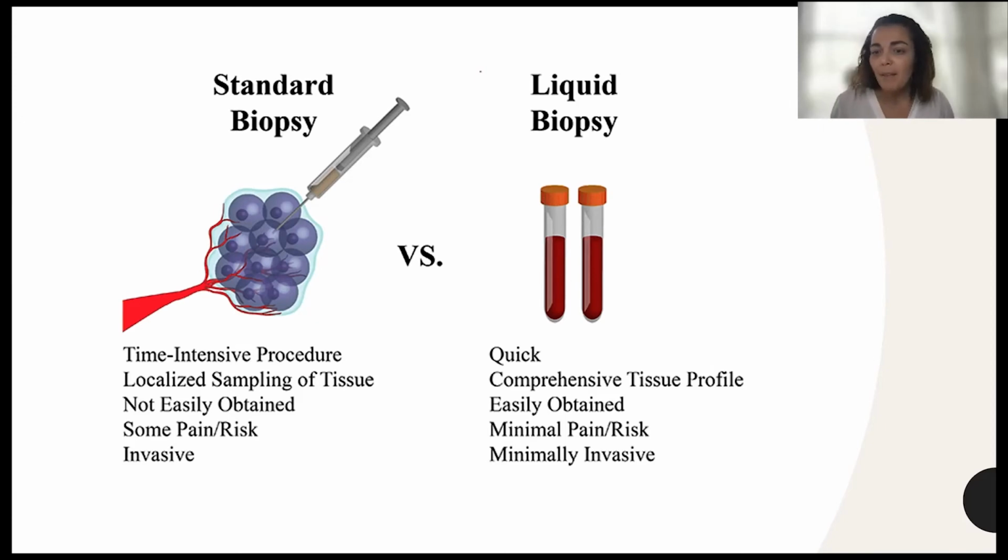But since the genetic landscape of tumors is spatially heterogeneous and temporally dynamic, the traditional method of tumor sampling by tissue biopsy has several limitations, including the fact that the primary and or metastatic tumor tissue is not always accessible and a biopsy is not always possible.